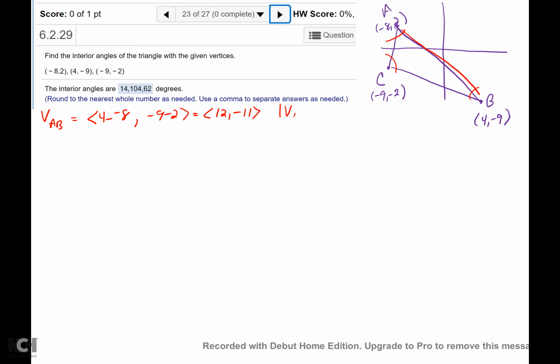The magnitude of vector AB is going to be the square root of 12 squared plus negative 11 squared, which gives me the square root of 265.